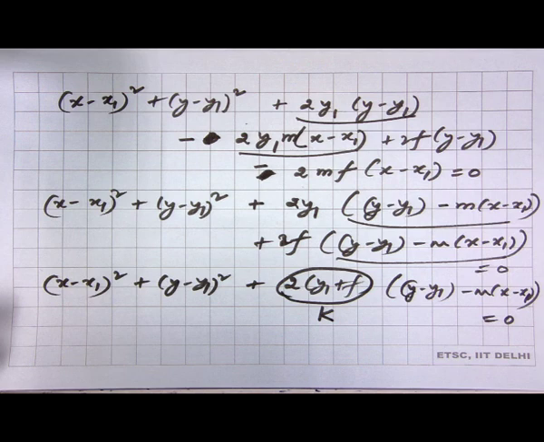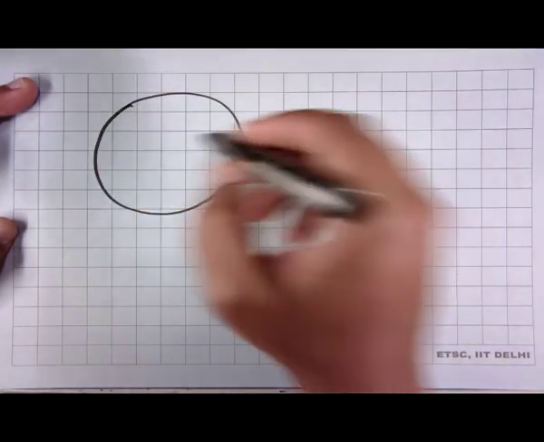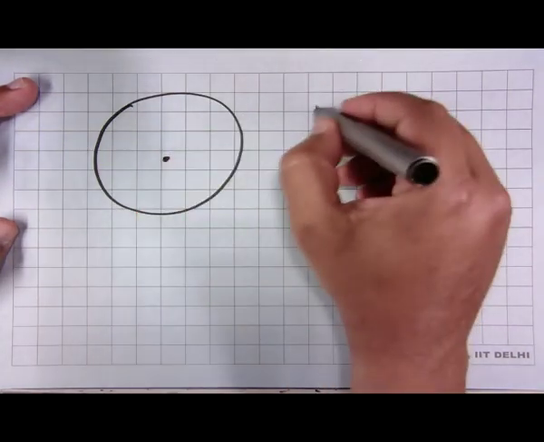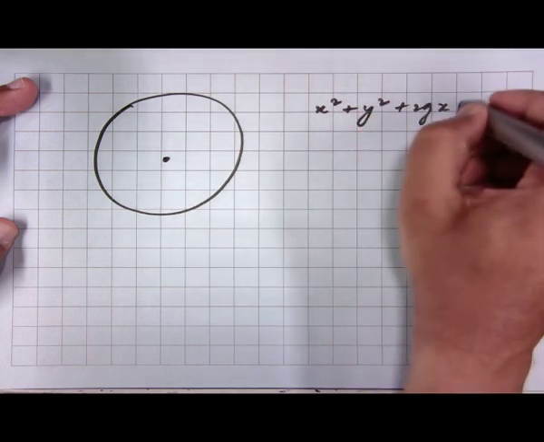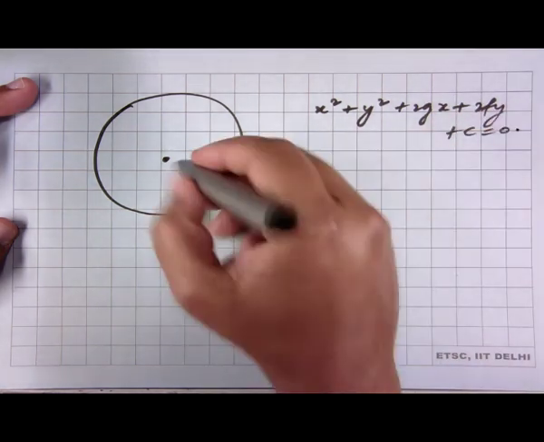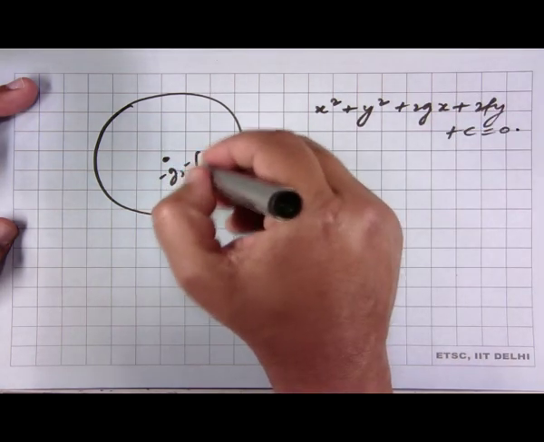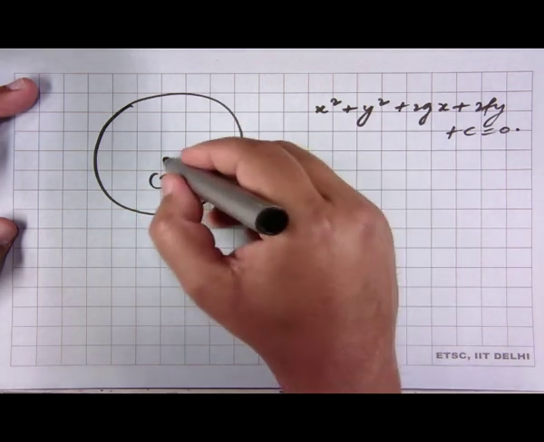Next, we are going to take up how to derive the equation of a chord if we are given the midpoint of a chord. So, suppose that we have a circle here, having center at minus g minus f.